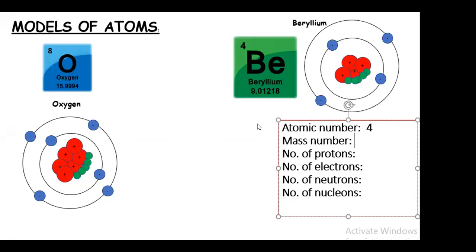And we need to round off to the nearest whole number. 9. Good. Number of protons. Good, Gabby. It's also 9. Am I right? Is it 9? It's actually 4, right? Sorry about that, guys.